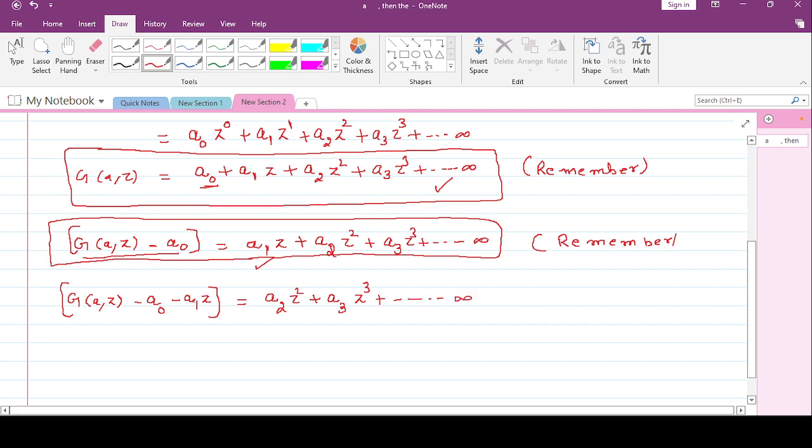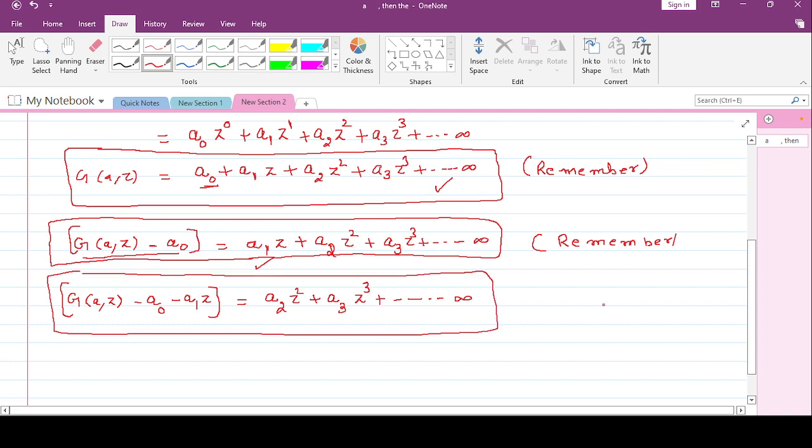So this is the third expression which I want you to remember. All these three expressions are very useful and they will be used for solving questions.